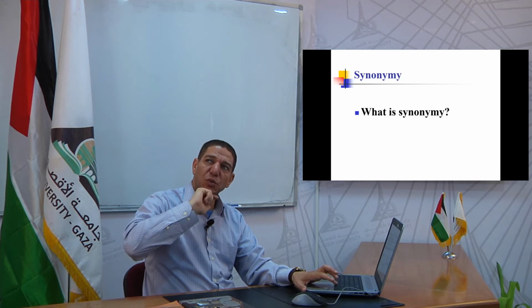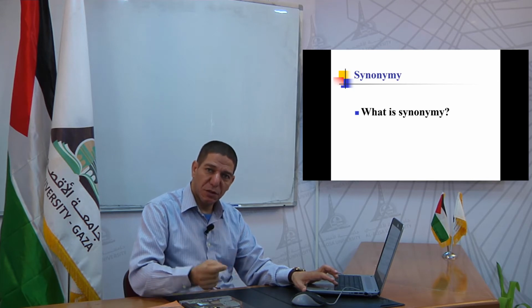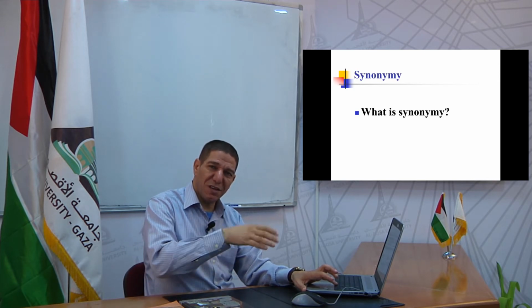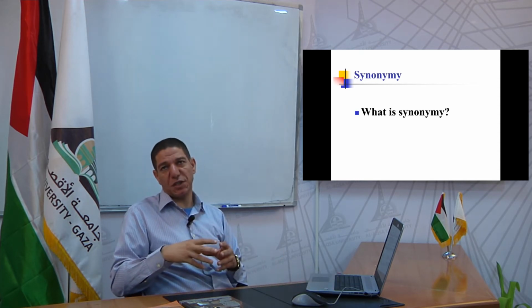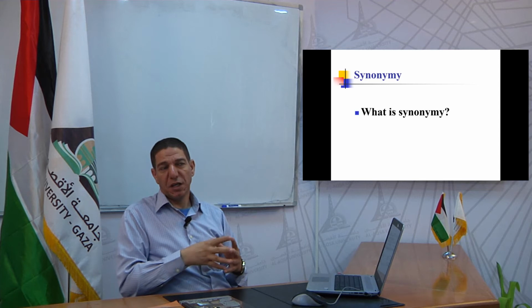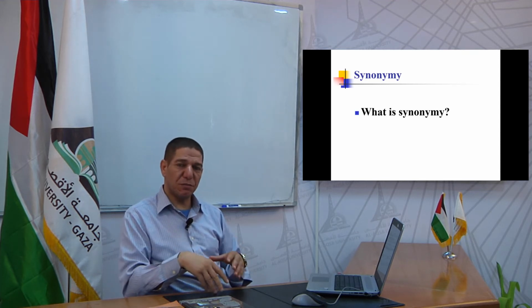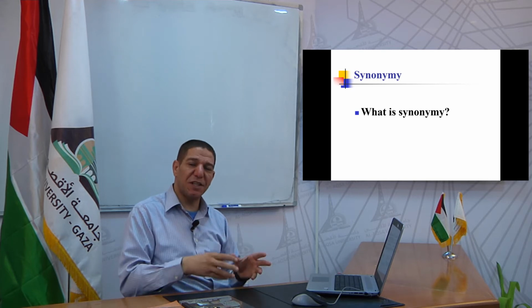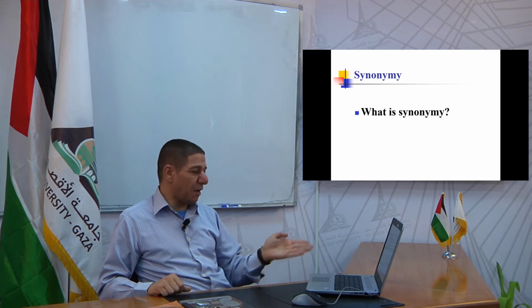I would like to note that these words are derived from linguistics, and linguistics historically speaking borrows its terms from different languages, specifically Greek and Latin. Synonymy is like a Greek word, a prefix.